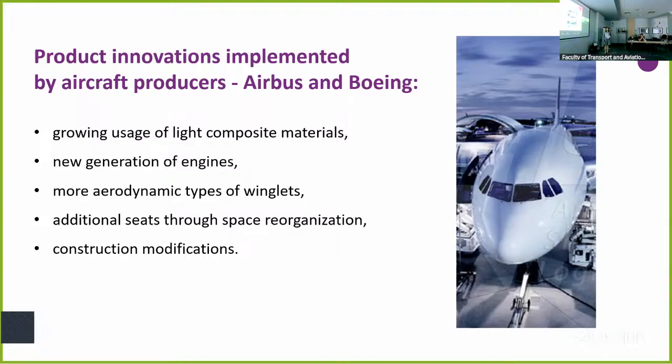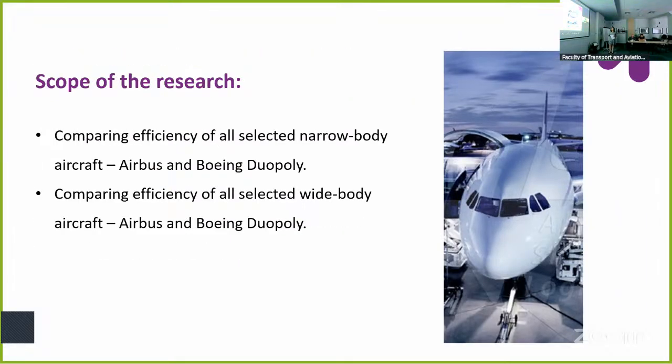So newly designed aircraft possess on board more seats than the previous generations, so they can benefit from economy of scale and lower marginal fixed costs and variable costs, and construction modifications, which bring savings.